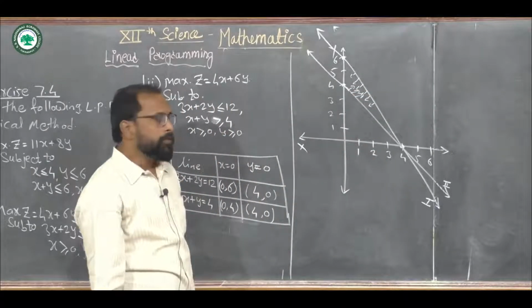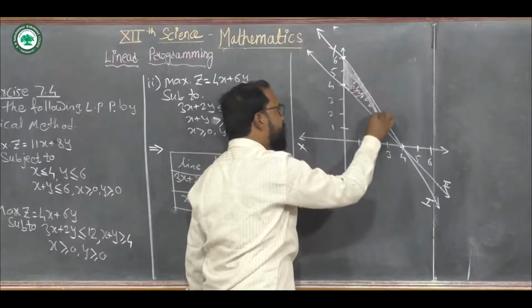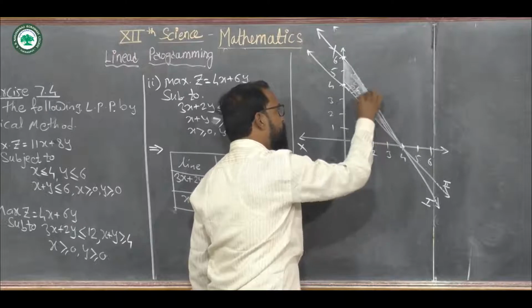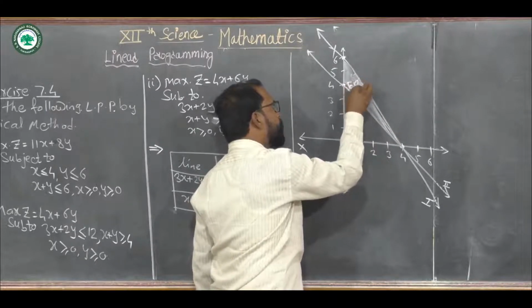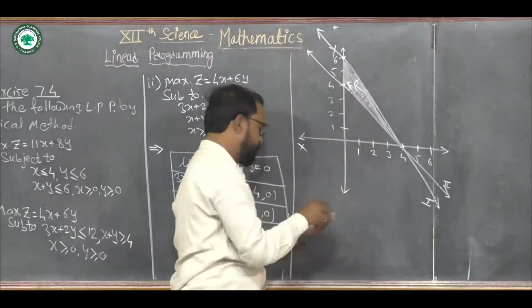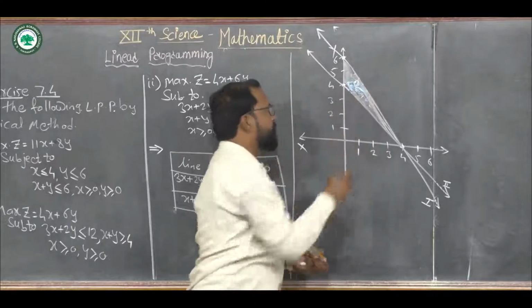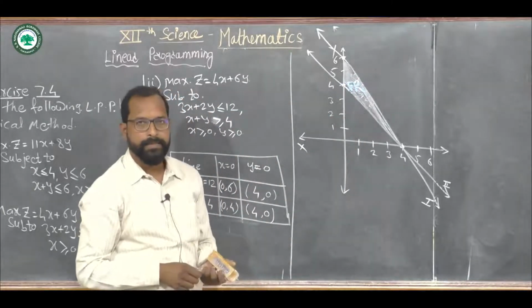And so the combined region which satisfies both the constraints is this triangle. So we get, this is the feasible region of this LPP. A feasible region is a region which satisfies all the constraints.